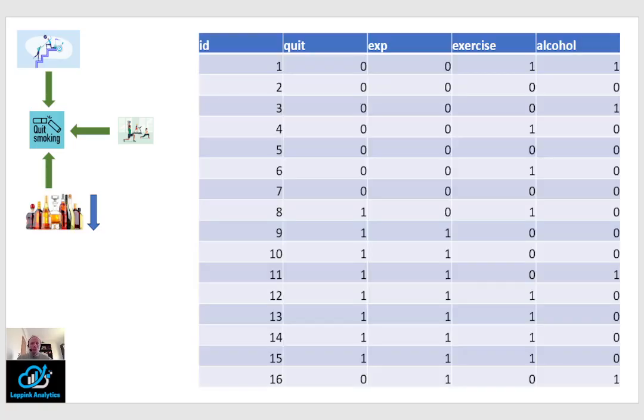Suppose we have only access to 16 people who have communicated that they would like to quit smoking. Of these 16 people, there are 8 who exercise and 4 who have alcohol intake levels higher than what would be classified as low alcohol intake.